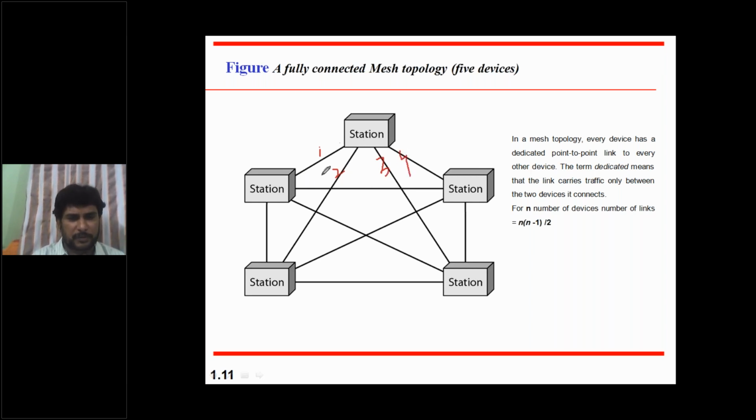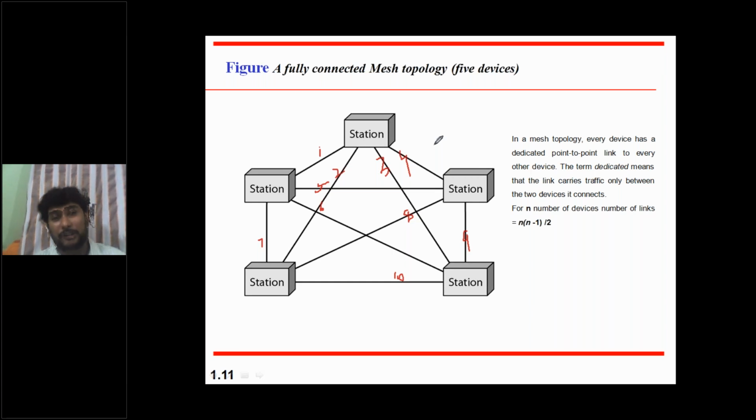And coming to station 1, it's already connected. 5, 6, and 7. Then for station 3, we have already specified this. So this is 8. Then we have 9. And this is referred to as 10. So you can find that totally 10 links are required to connect 5 devices.